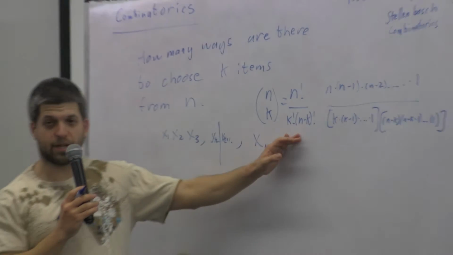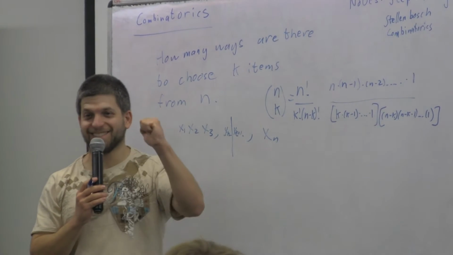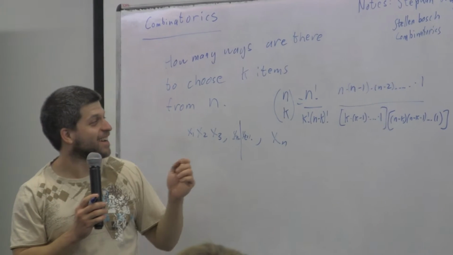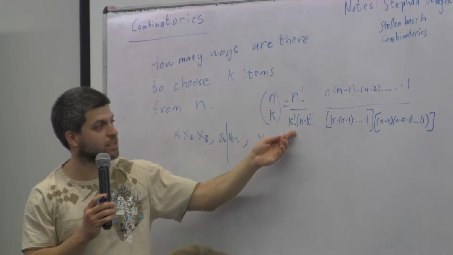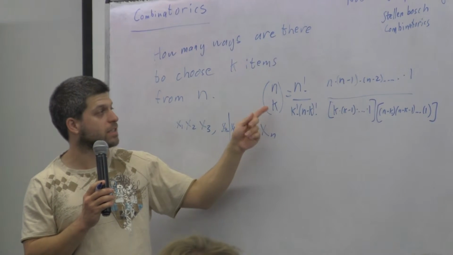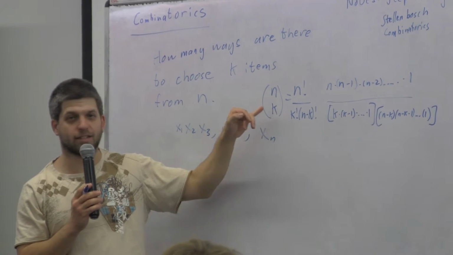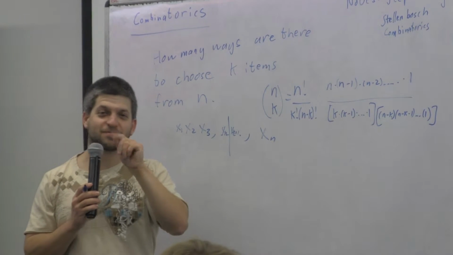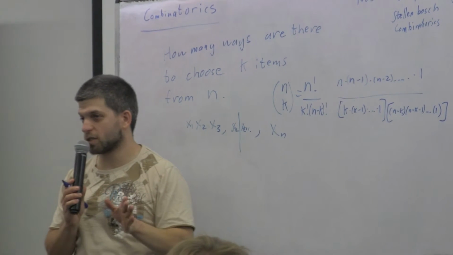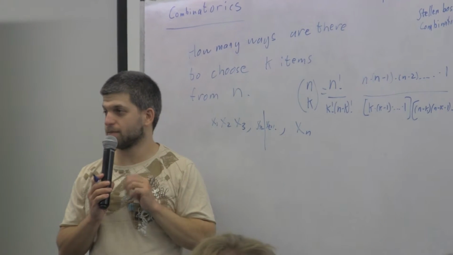Okay, and the exclamation marks aren't n, they're n factorial, like this. And this is the formula for choosing k things from n. And n choose k is written like this. N choose k written like this is the number of ways to choose k things from n.